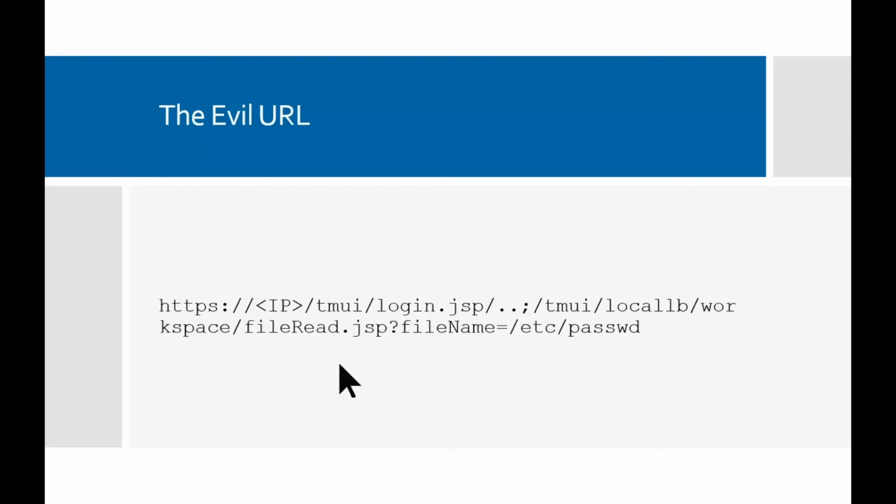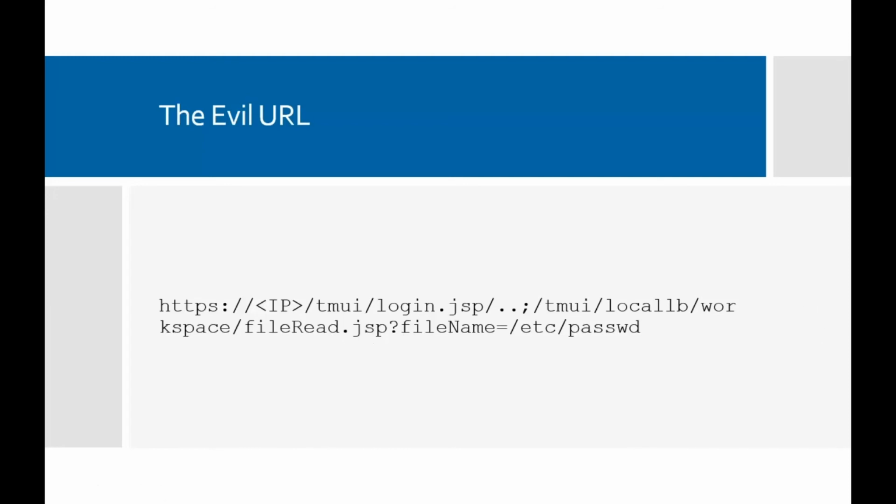It is important to note that the file read and file write are unprivileged, so they don't work at root level. So you can't read etc shadow, which is where the hashes might have been stored. You can't write to some of those places, but as we'll see later on, there are ways around that with this exploit.